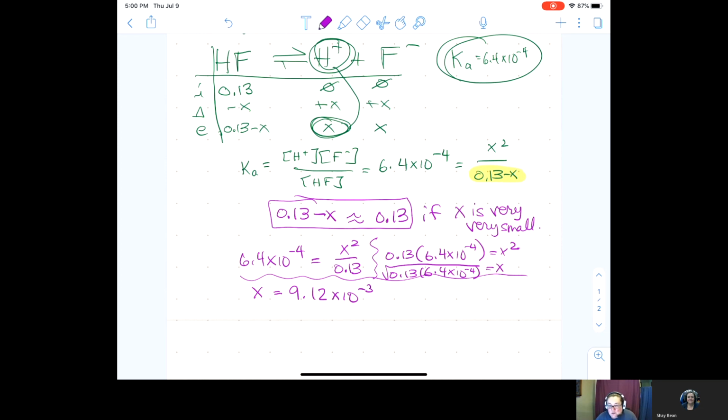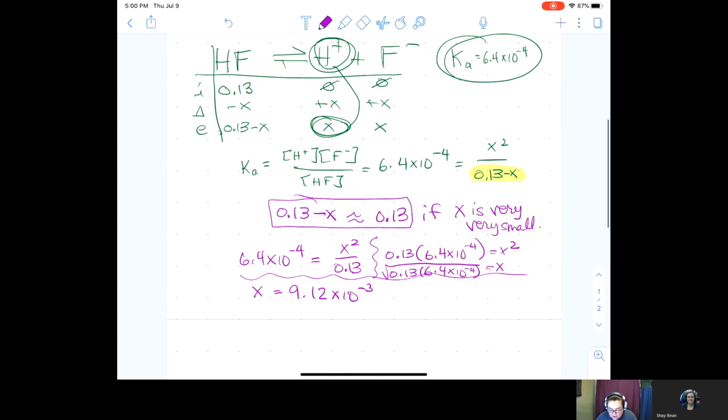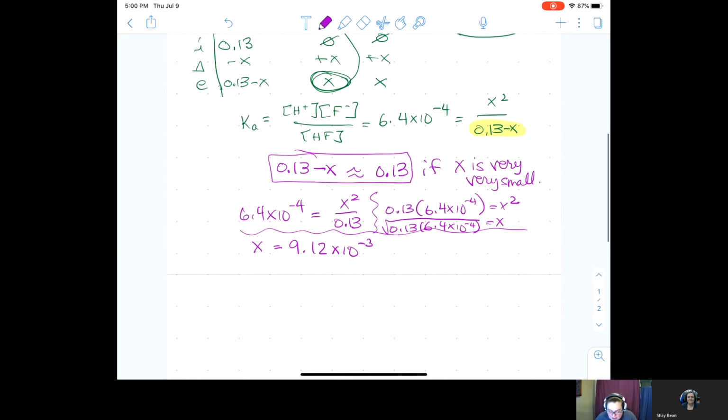This is a good time to check that approximation, that x was very, very small. In order to do that check, you take 0.13 minus x, or 0.13 minus 9.12 times 10 to the minus 3. I'm going to store that in my calculator so I don't have to plug it in again.